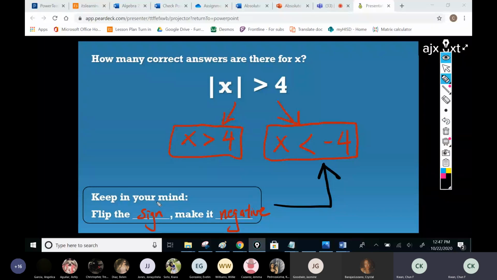Everything else is exactly the same as before. What if it's already a negative? If it's already a negative, make it positive. Thank you, Natalie. That's a good question.